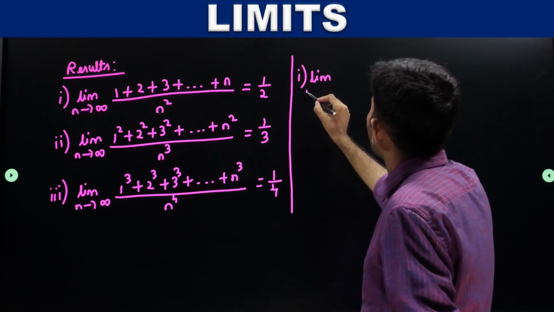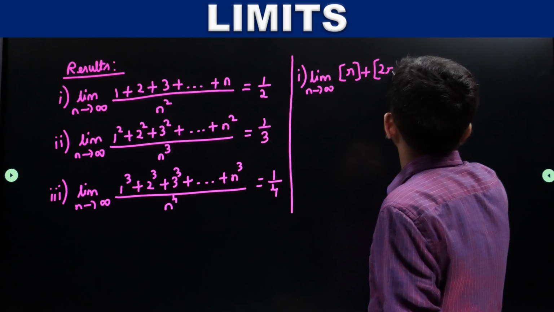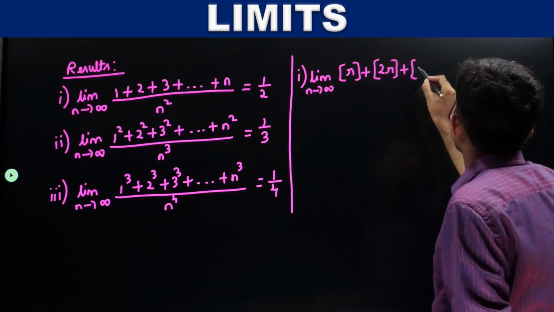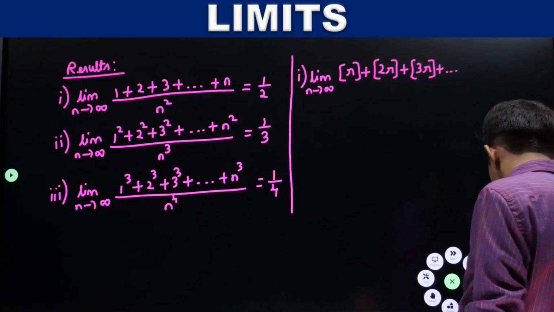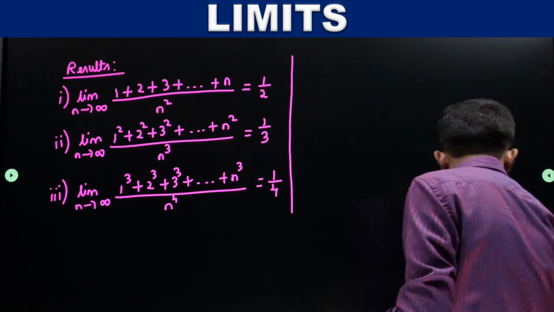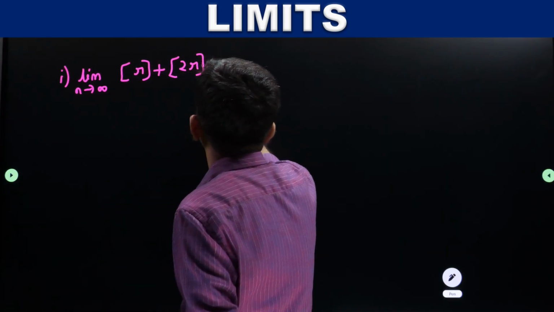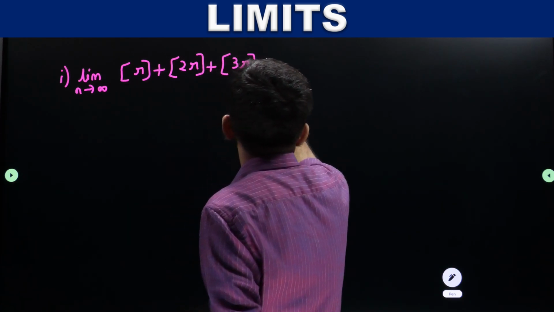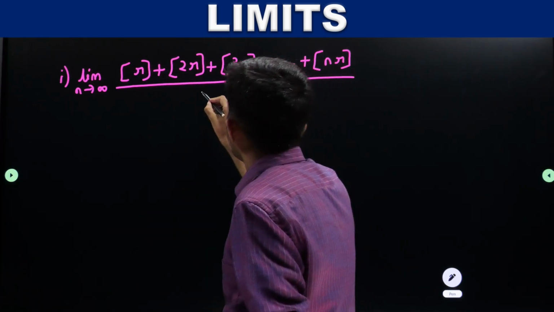Limit n tends to infinity of the greatest integer value of r plus the greatest integer value of 2r plus the greatest integer value of 3r, and so on, up to the greatest integer value of nr, whole thing divided by n square.